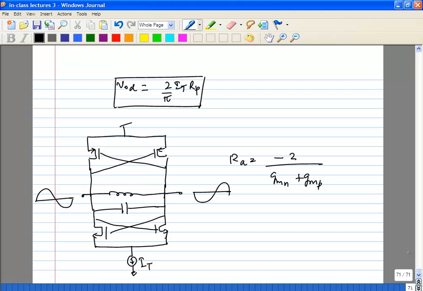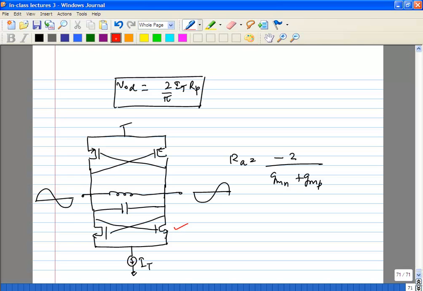So let's say the two voltages are like this. How does the current flow in this? So let's take the first half cycle. During the first half cycle, which NMOS is going to be on? The right side one, right? Because the gate voltage is higher, very high.